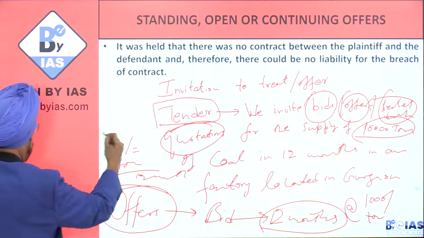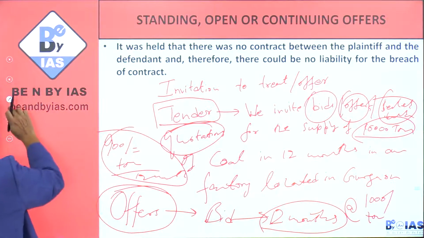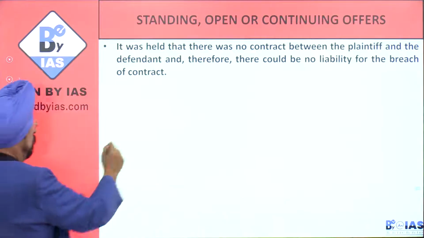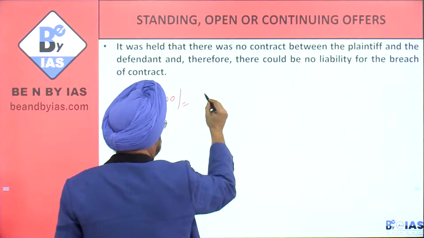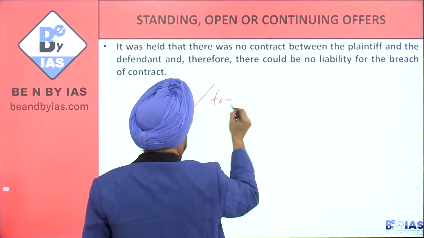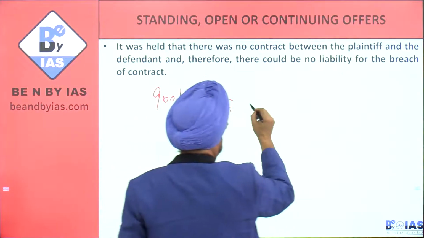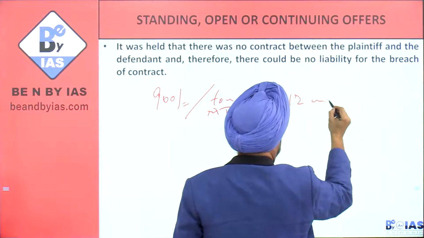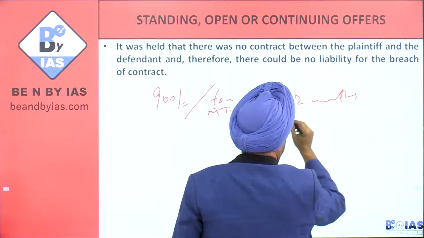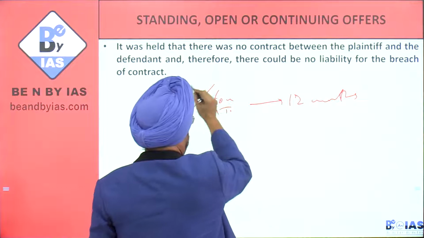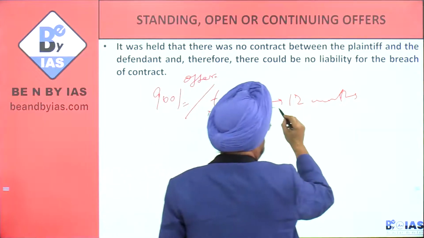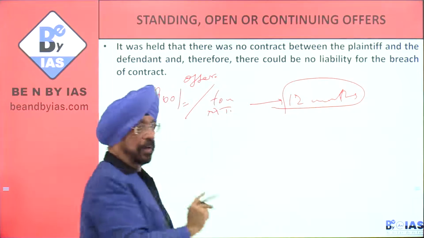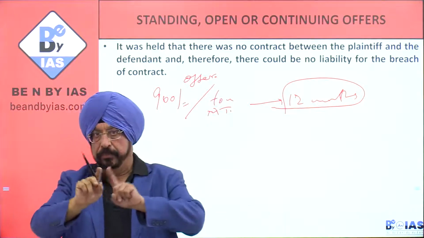Now this 900 rupees per metric ton for a period of 12 months is what? It is the offer, but it is, since it is for more than one exchange.